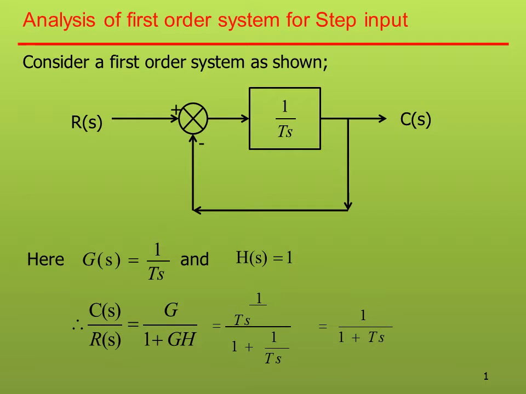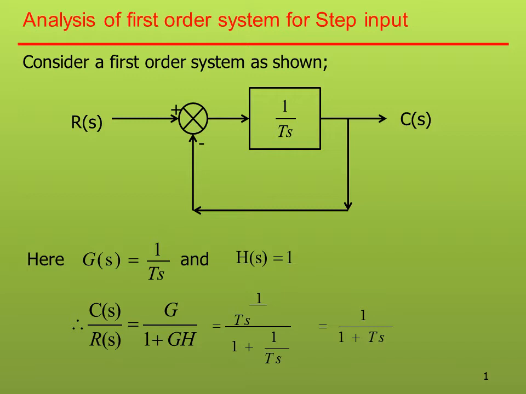Then why is it called a first order system? See the equation of G(s), the equation of gain. In the denominator, s has power equal to 1, so it is called a first order system.